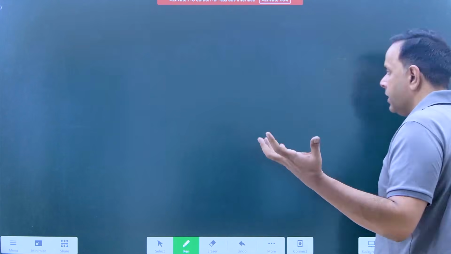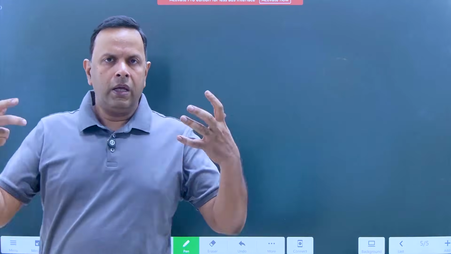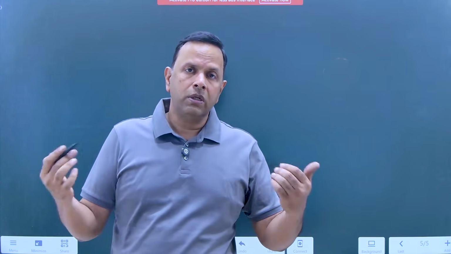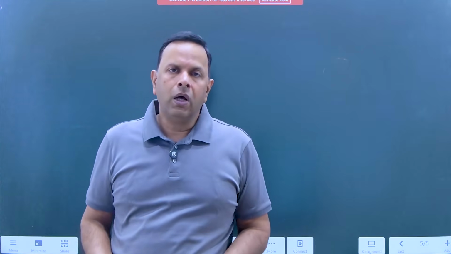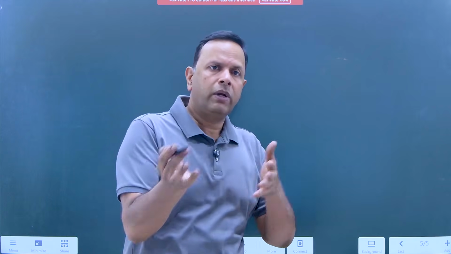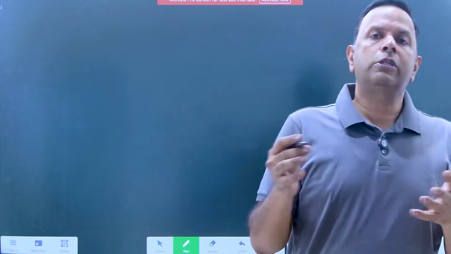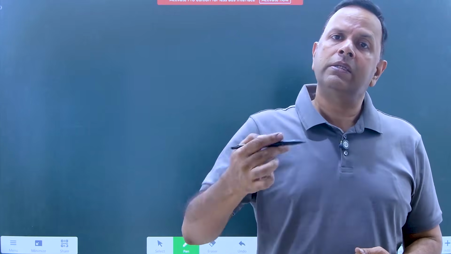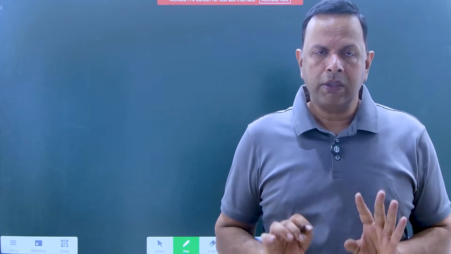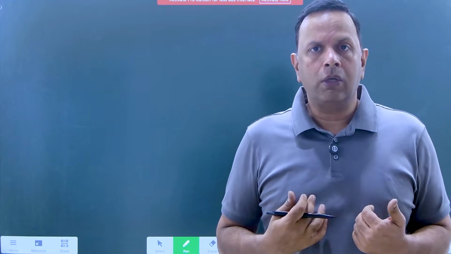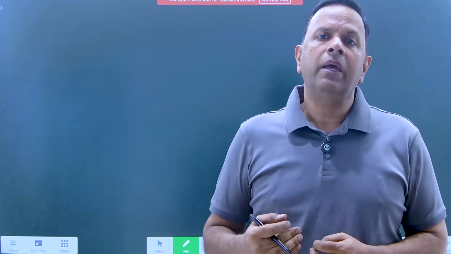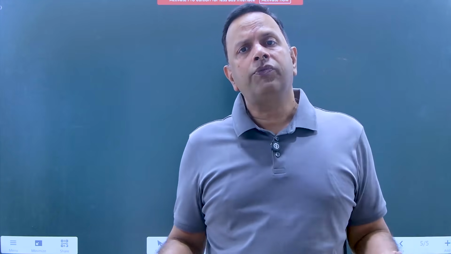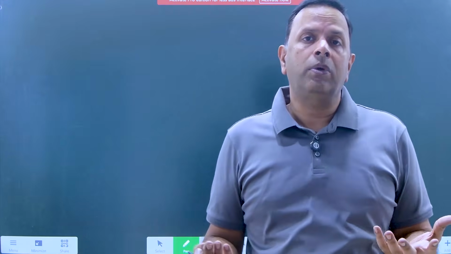If I had to write the dimensional formula of speed, how could I write it if I did not know that speed is distance upon time? I must have this knowledge that speed is distance upon time, acceleration is velocity upon time, then only I could proceed. If I don't know the formula, how can I expect to write the dimensional formula?